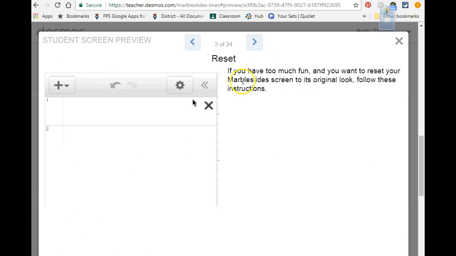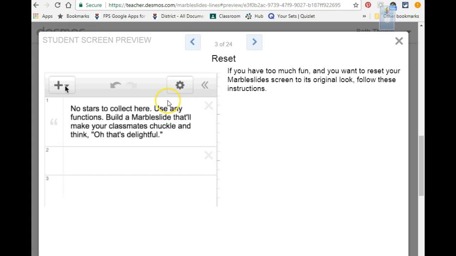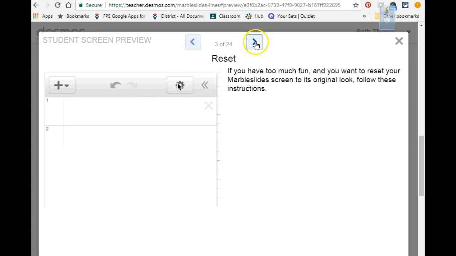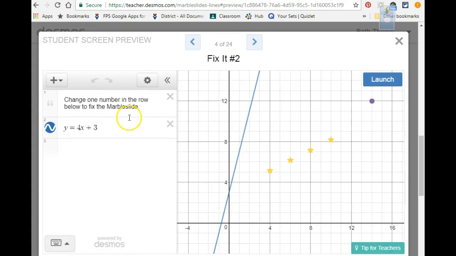As you look at this next one, it says if you're having too much fun, you can reset. So that's how you'll reset it. If you look at this one, it says change one number this time to get it to work. So would we be changing our B or our M in this one? The slope or the y-intercept?